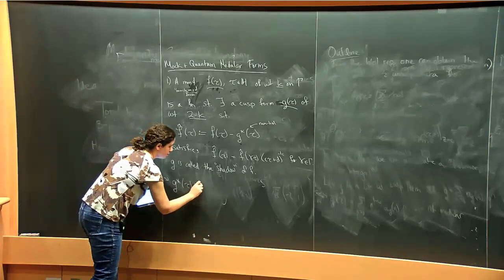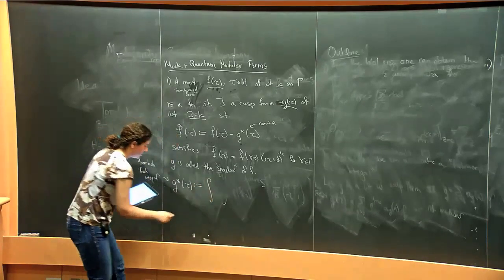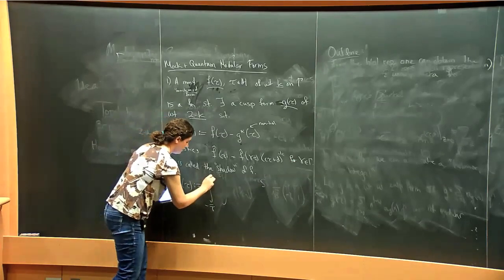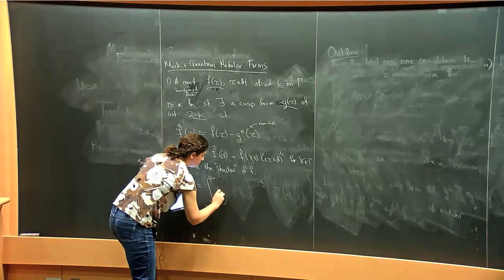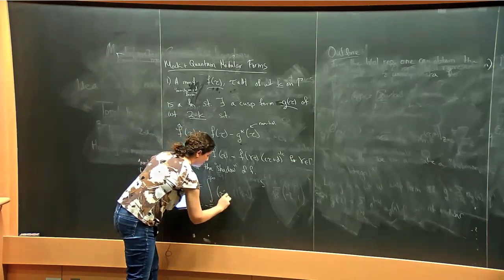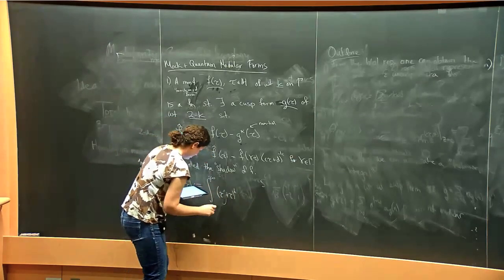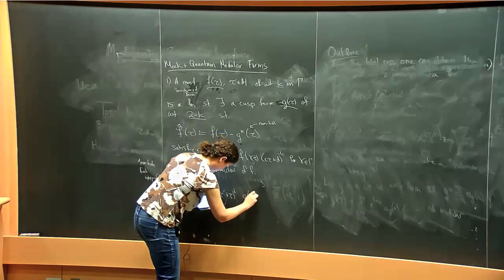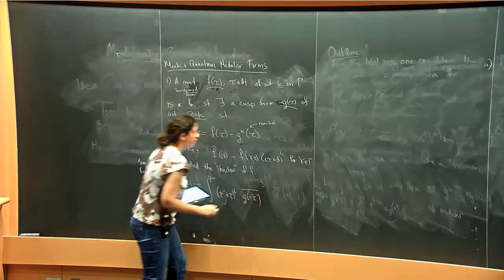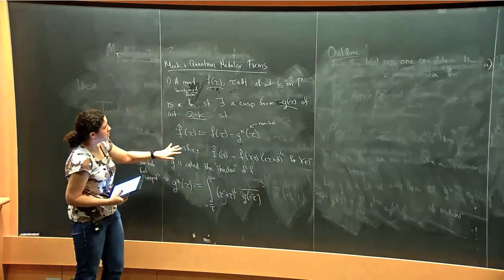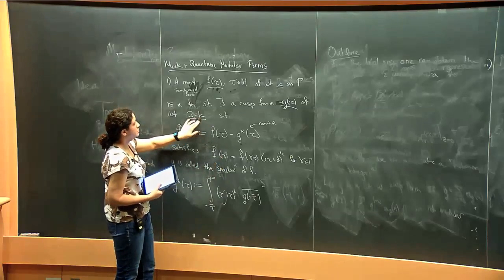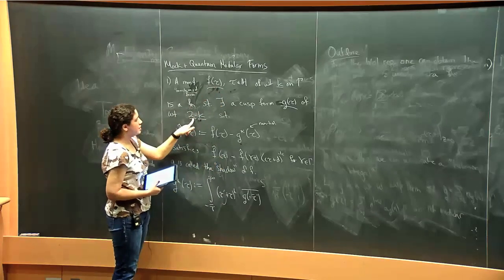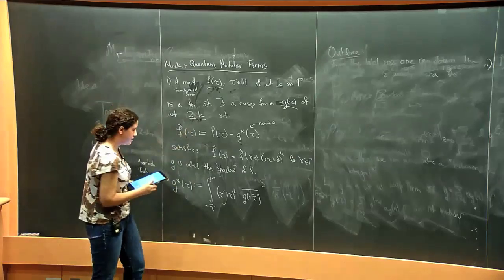So this G star is defined as an actual integral. And again, you see a relation between the weight of the Mock modular form and the dual weight, which happens to be the weight of the shadow. So if f is, say, weight 1/2, then the shadow will be weight 3/2, and vice versa.